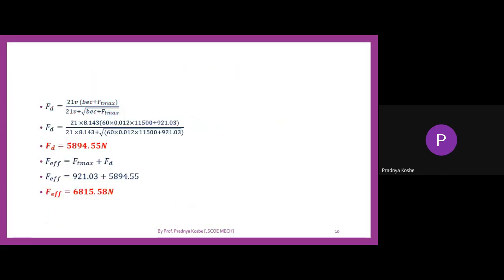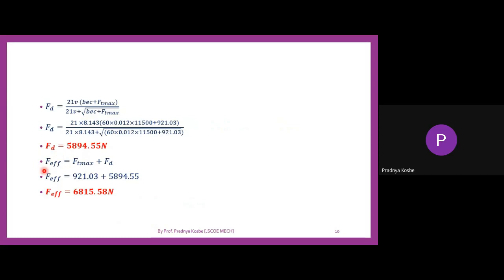Now putting all these values in the equation, we will calculate dynamic loading, and it is 21V (BEC + Ft max) divided by 21V plus under square root BEC plus Ft max. Put this value and you will get Ft equal to 5,894.55 Newton.